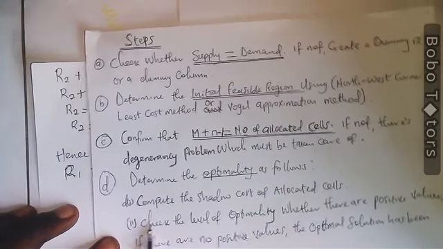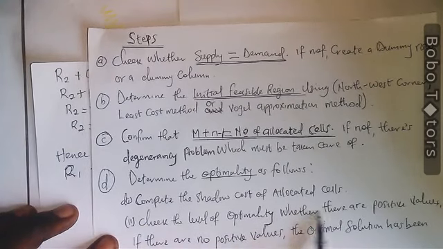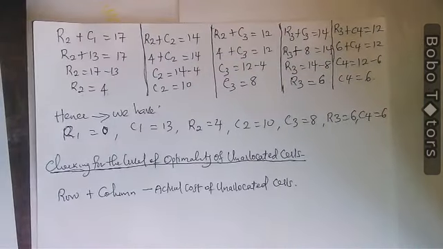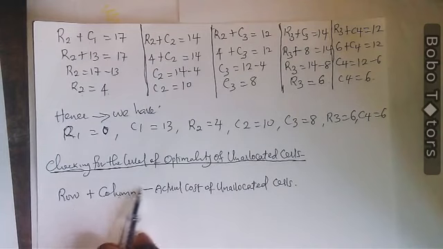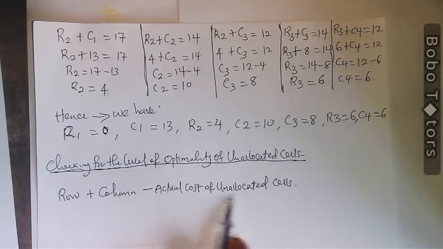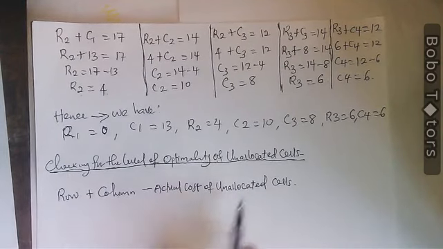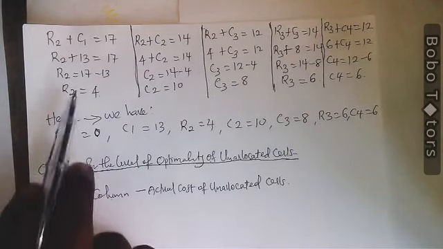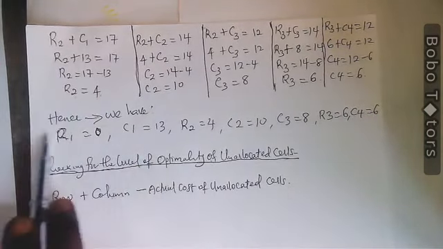Now the next thing is to check the level of optimality. In order to do that, row plus column minus actual cost of unallocated cells. Whenever you are doing this, you have to focus on your unallocated cells. Remember, we use our allocated cells to determine the shadow cost. Are you getting it now?